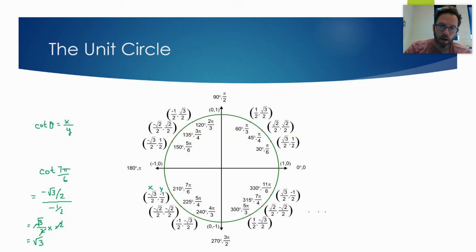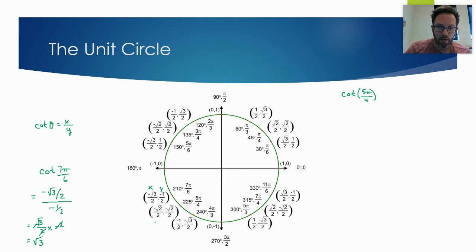There we go. So our first one is cotangent of 5 pi over 4. I'm going to find 5 pi over 4 on my unit circle. 5 pi over 4 down here, 225 degrees. The x is negative root 2 over 2.